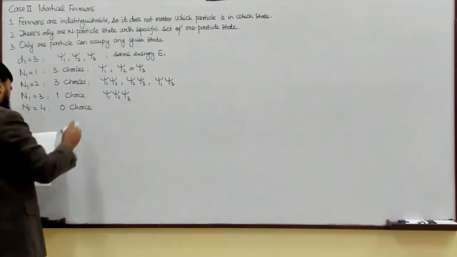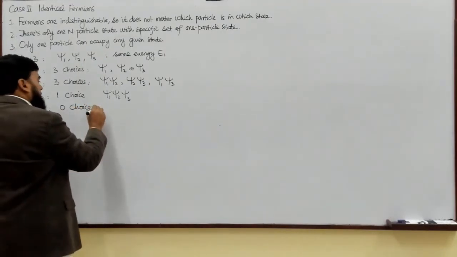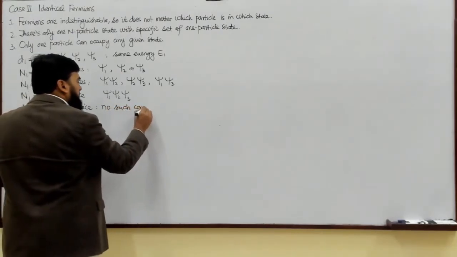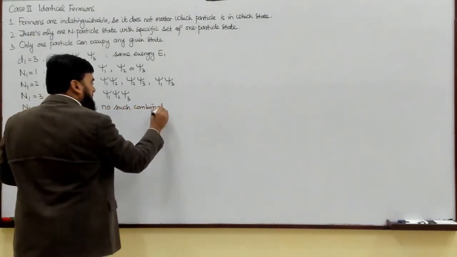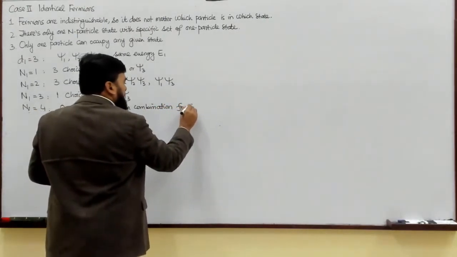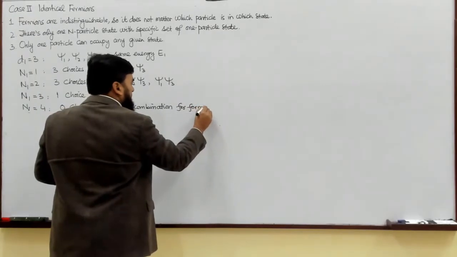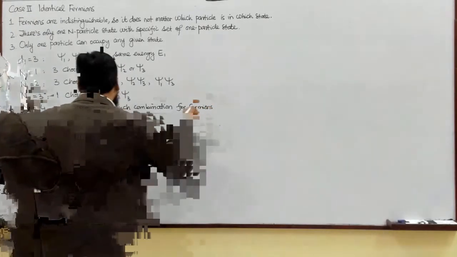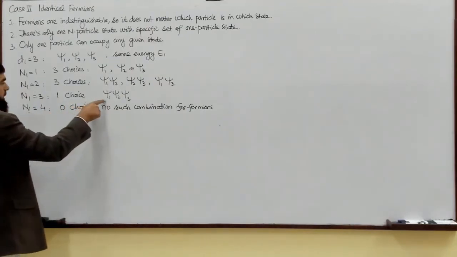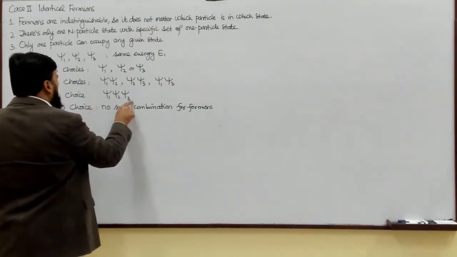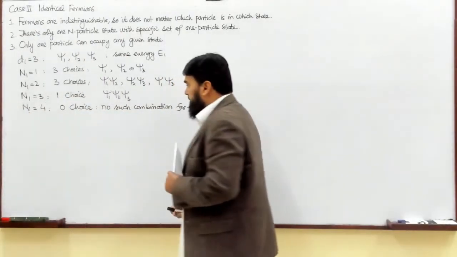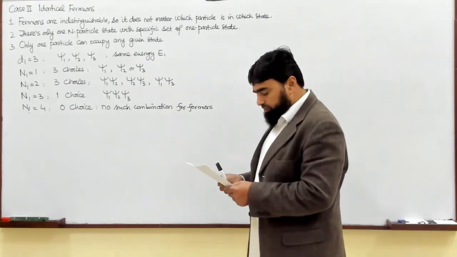Or I can say that no such combination can be built for fermions. It is not possible to put more than 1 fermion in 1 state. So the number of states is 3 and the particles are 4. So such a combination is not possible.